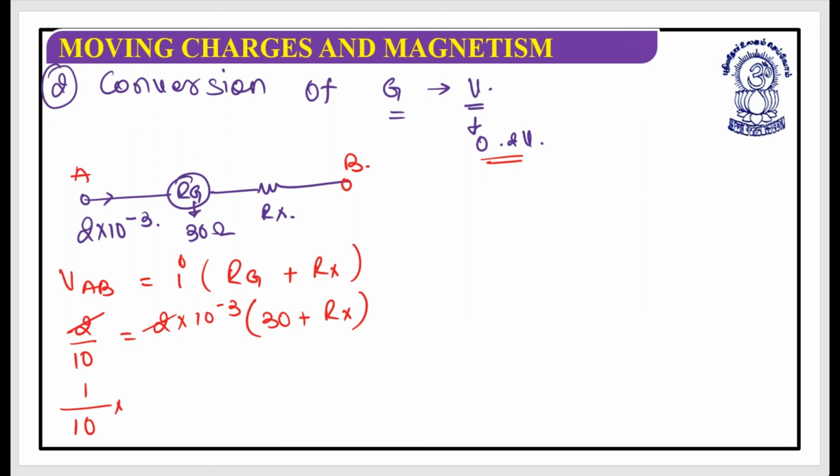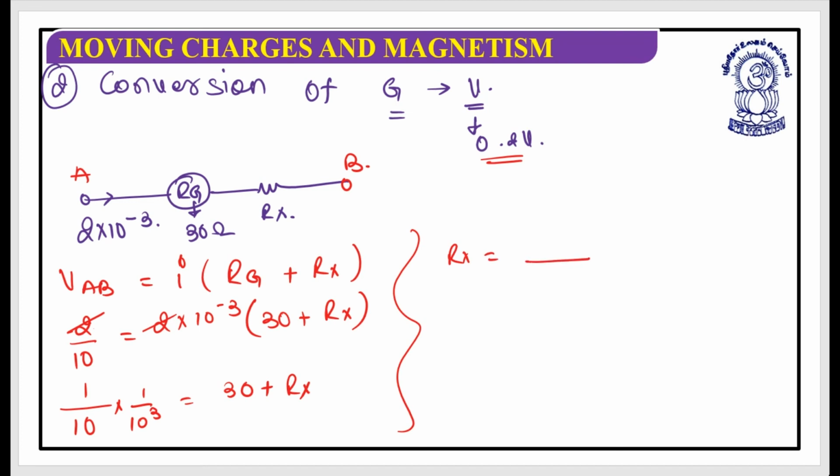So a range of 0.2 volt is required, and this is equal to 2 into 10 to the power minus 3 into (30 plus Rx), where 30 is the galvanometer resistance. So 1 by 10 equals 1 by 10 to the power 3 into (30 plus Rx). You can solve this and get the value of Rx.